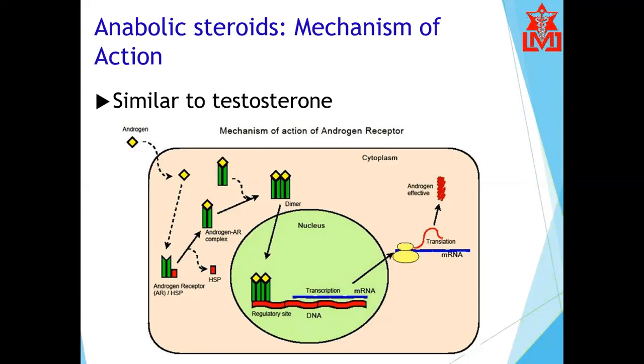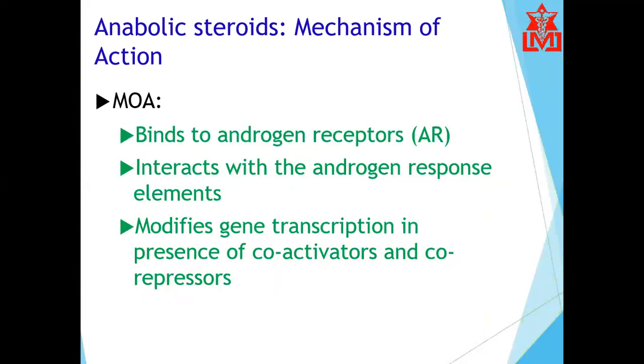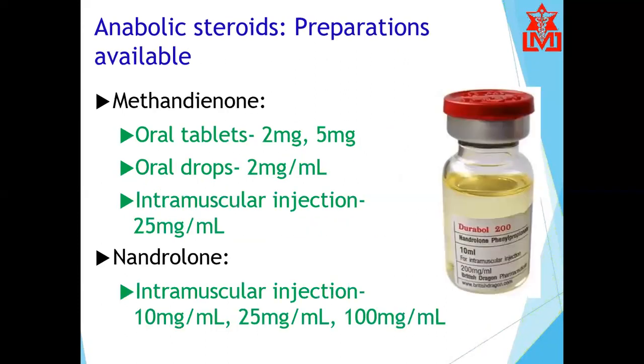Then it enters the nucleus. At the nucleus regulatory site, transcription converts DNA to mRNA, then translation occurs, and the messenger RNA comes out and causes the androgen effect. So it acts by binding to the androgen receptors, interacting with the androgen response element in the cell, and modifying gene expression in the presence of co-activators and co-repressors.